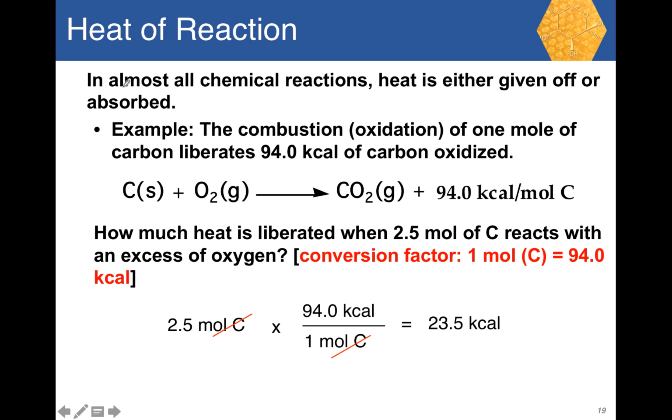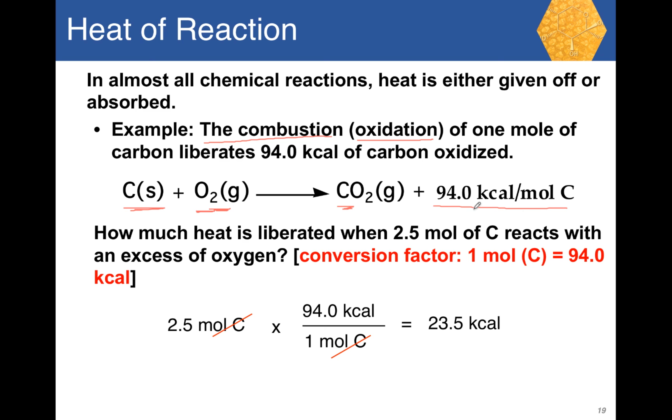So some reactions give off heat, or liberate heat. Here's an example. A combustion, as we have seen before, is an oxidation, a reaction with oxygen. So the example here is carbon reacts with oxygen to give carbon dioxide plus heat. You may recall that the unit of heat is kilocalories.